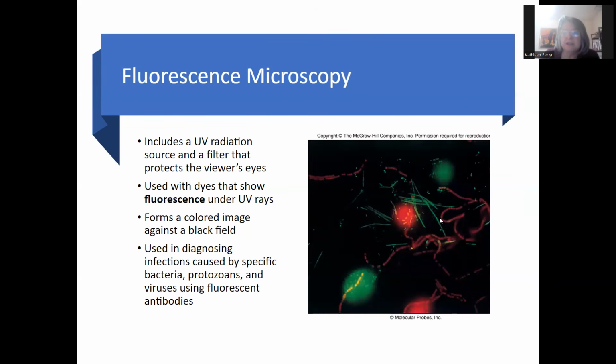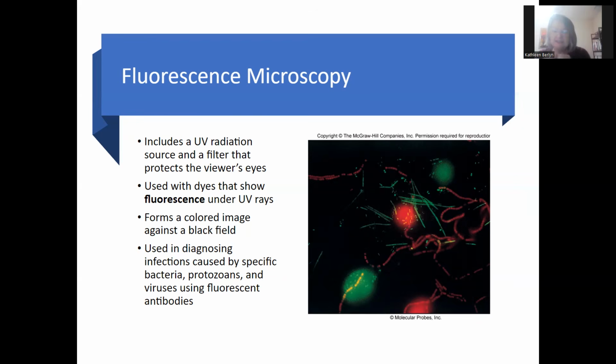Fluorescence microscopy, again, you're using ultraviolet light instead of just a regular white light. And very often you will label the cells with some kind of a fluorochrome. So something that when the ultraviolet light hits it, it gets what we call excited.